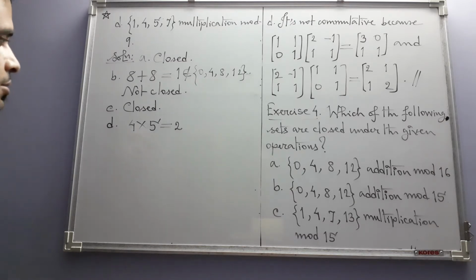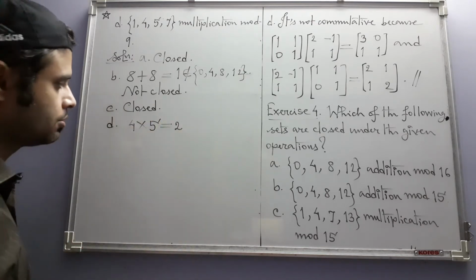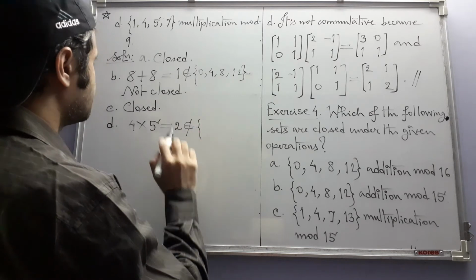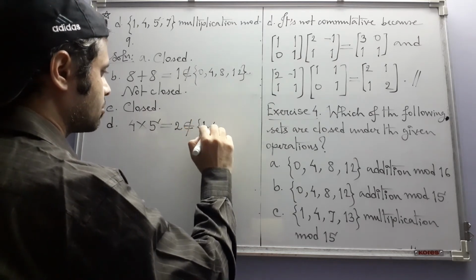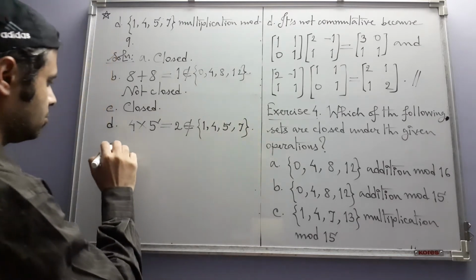So that means 20 mod 9 is equal to 2, and this does not belong to the given set. So not closed.